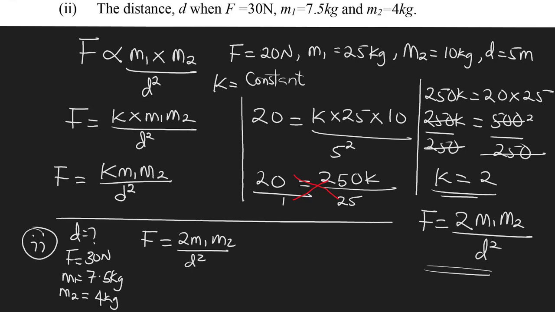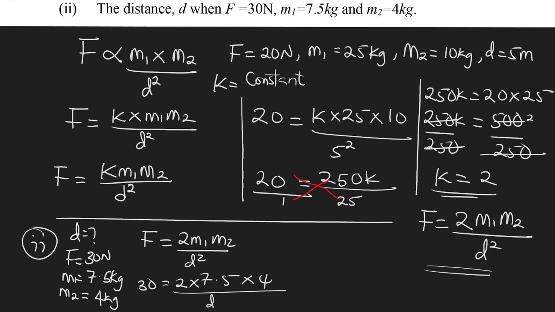So now what is our f? Our f has been given now as 30. We see it here equals 2 times, what is our m1? Our m1 is 7.5 times m2, which is 4, over d square, which is now the unknown.